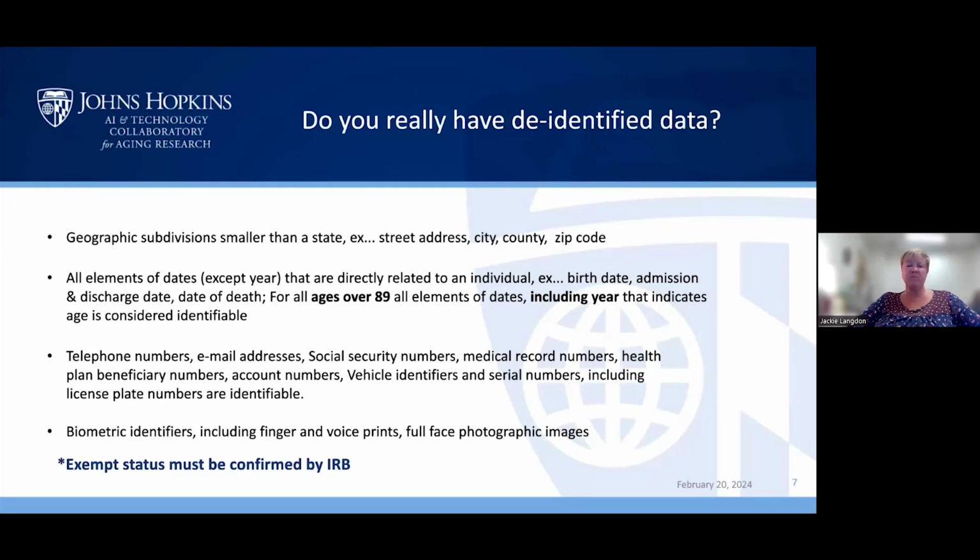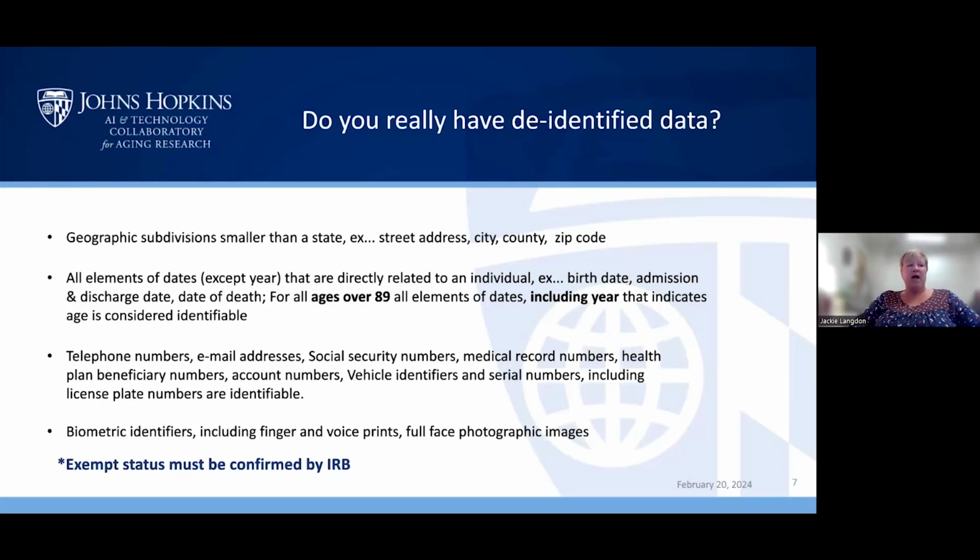And I'll give you an example that Anne shared with me regarding exemption status. She had an applicant that was using a technology that was focused just on the eyes, and the IRB actually felt that that was still identifiable. There was a chance that there could be a birthmark or a tattoo or some identifying mark that the person would still be identified just from their eyes.